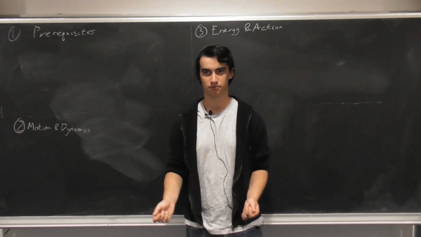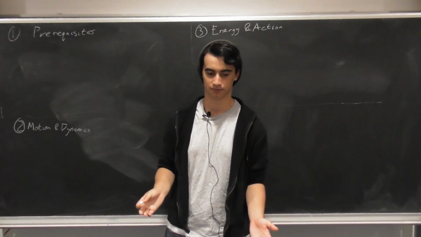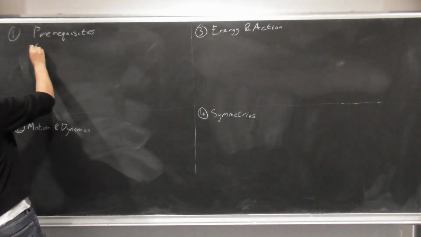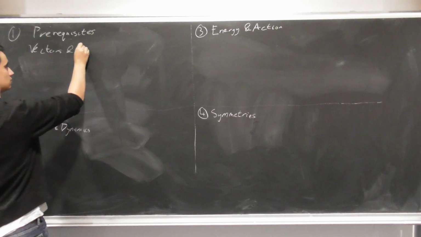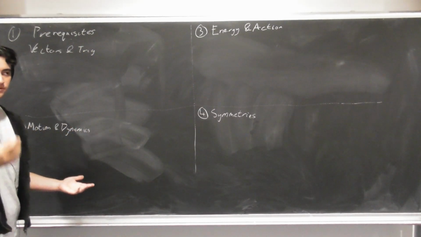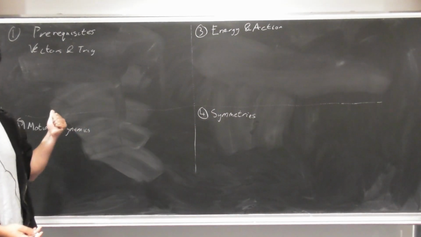So first of all, some prerequisites that you need. This is the math type of stuff, really just vectors and trig. If you've done Leaving Cert applied maths, you'll be pretty handy with vectors.